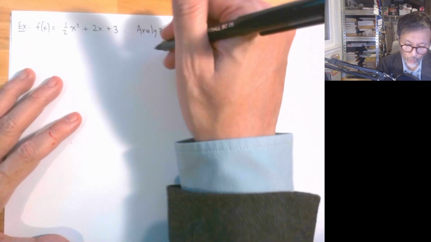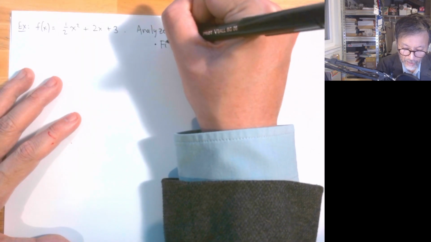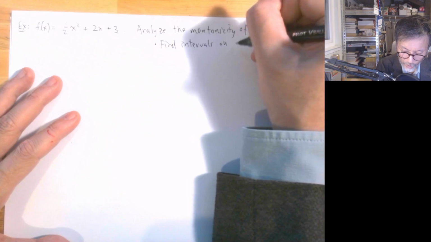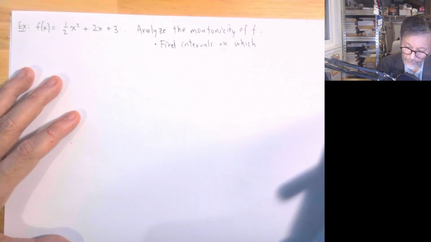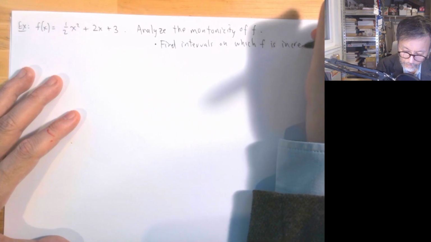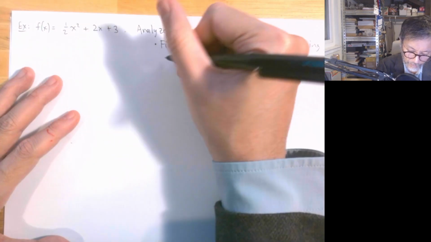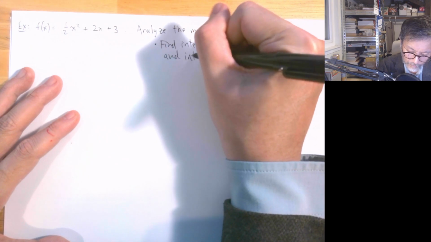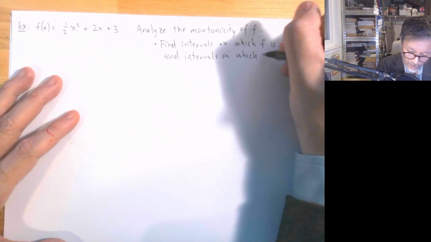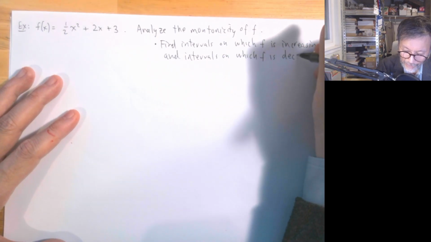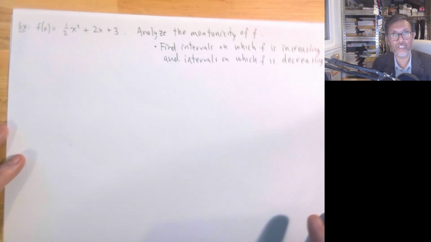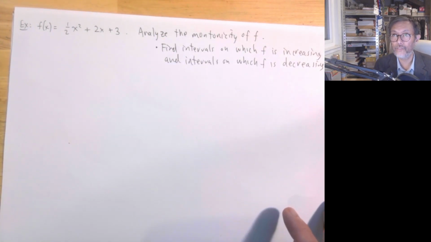This is just another way of saying find intervals on which f is increasing and f is decreasing. This is a lot of writing, so in the future I'm just going to say analyze the monotonicity of f.